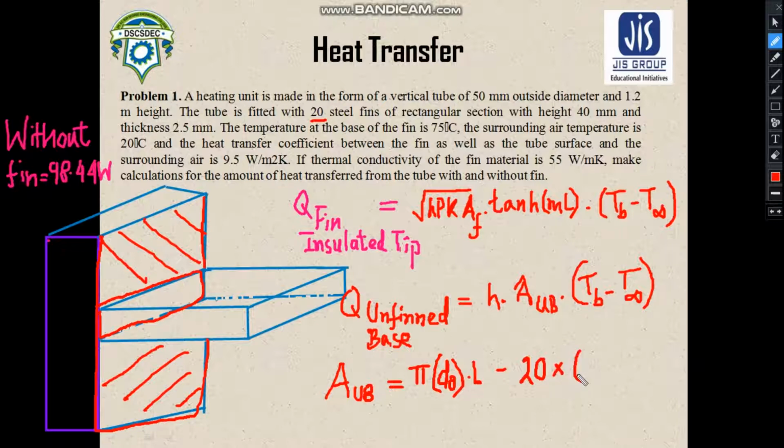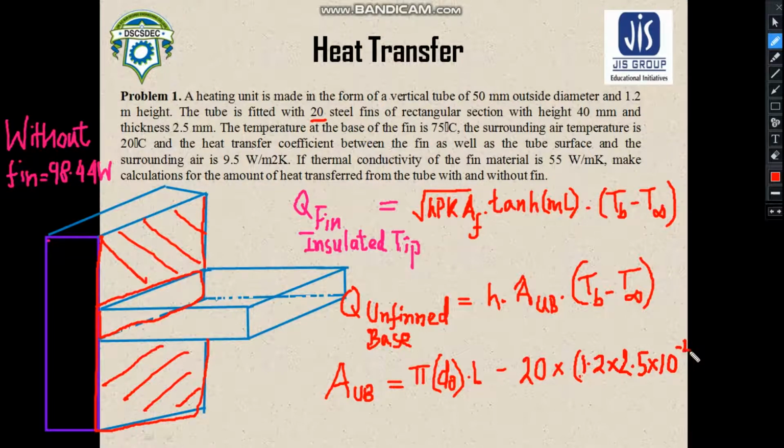How do we calculate the area of each fin? First of all, you need to multiply the length and the thickness of the fin. This is very simple. The area of a fin depends on the length of the fin, which is 1.2 meter, and the thickness, which is 2.5 millimeters. So we need to convert 2.5 millimeters into meters.